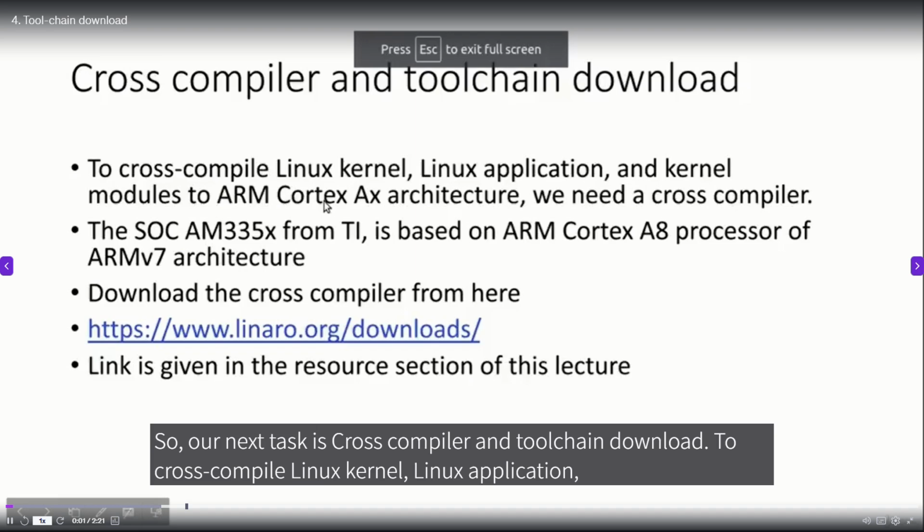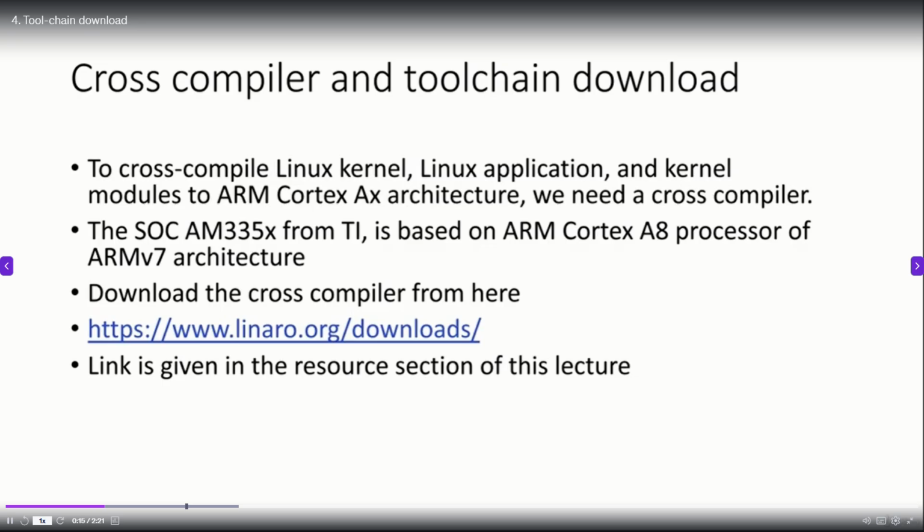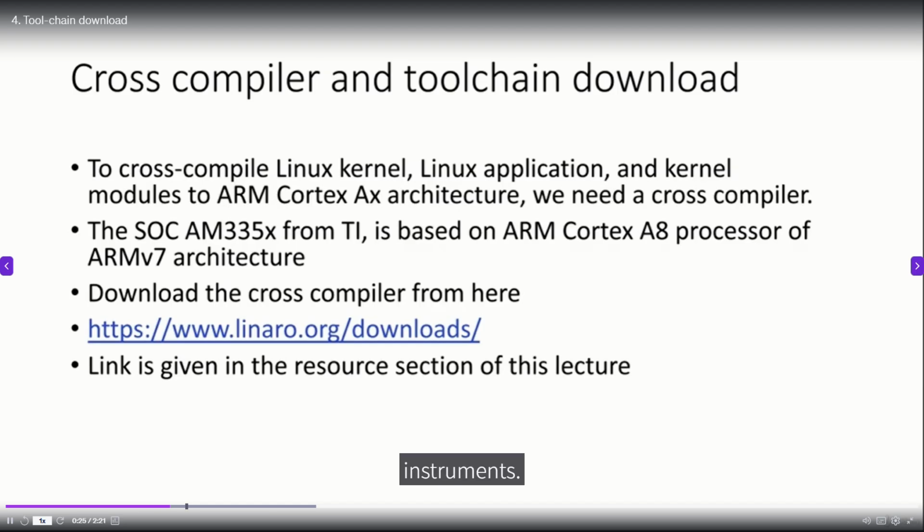Our next task is cross-compiler and toolchain download. To cross-compile the Linux kernel, Linux application, and kernel modules to ARM Cortex-A architecture, we need a cross-compiler. Because the SoC on our BeagleBone Black hardware is AM335X, which is from Texas Instruments.